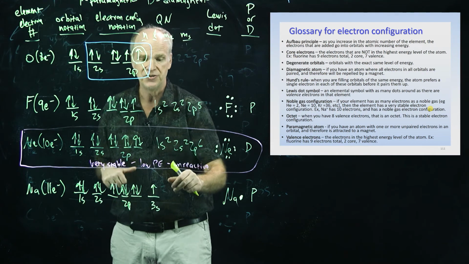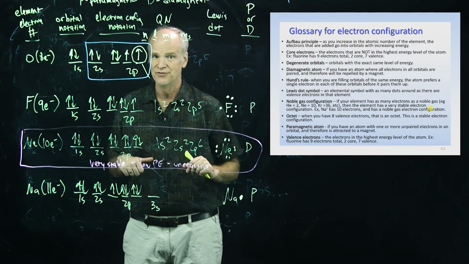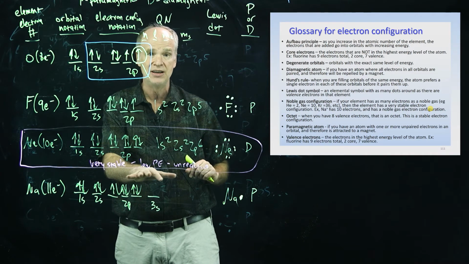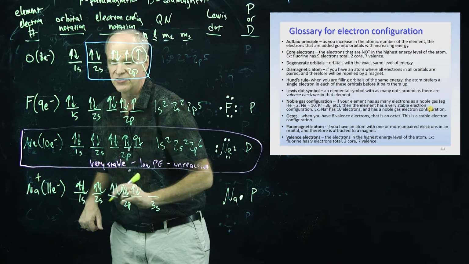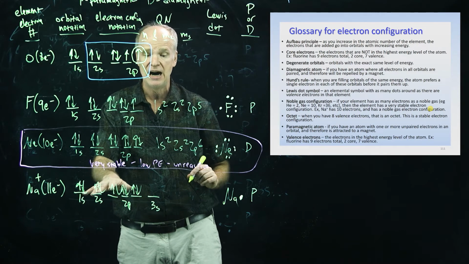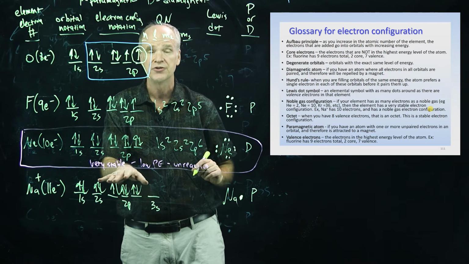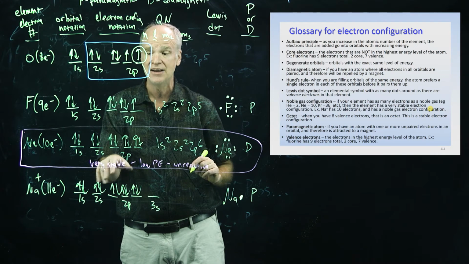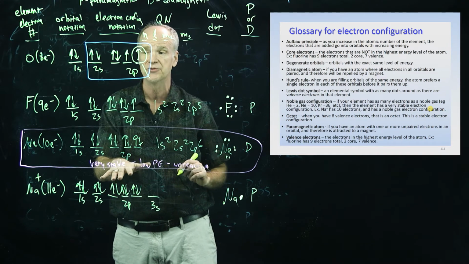If it can lose its 3s electron, if it goes somewhere, guess what kind of electron configuration it now has? So now sodium was 11 electrons, but now it's down to 10 electrons. And so it would have a positive charge in this example. When it has lost that electron, look what has happened. Now the sodium ion does have neon's electron configuration, so it's very stable. So by losing 1 electron, it achieves a noble gas, neon's a noble gas, a noble gas filled energy level configuration, and it becomes very stable.